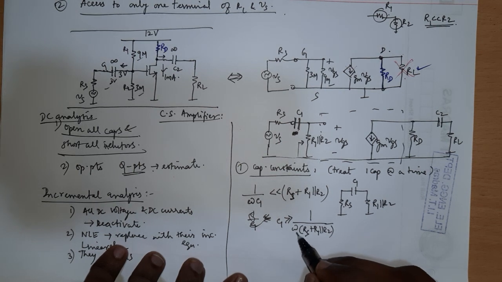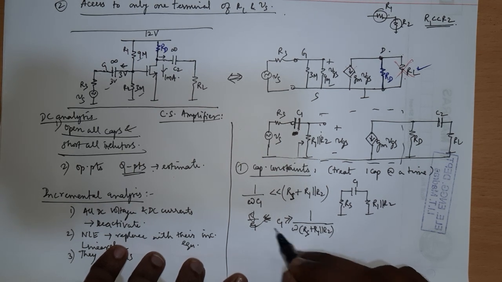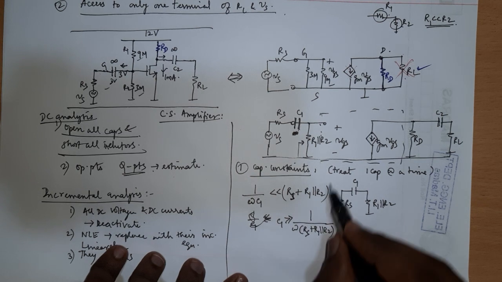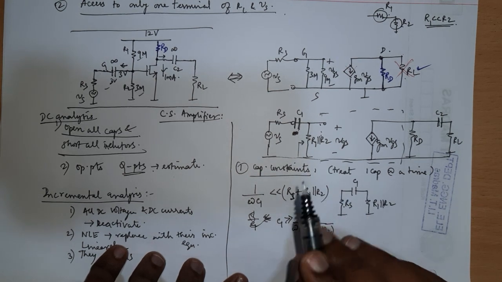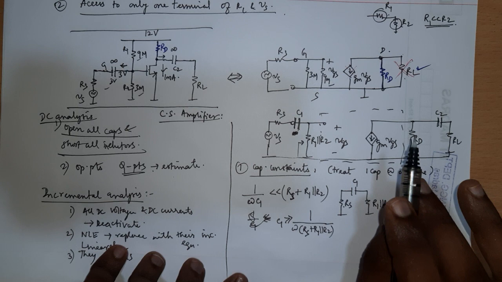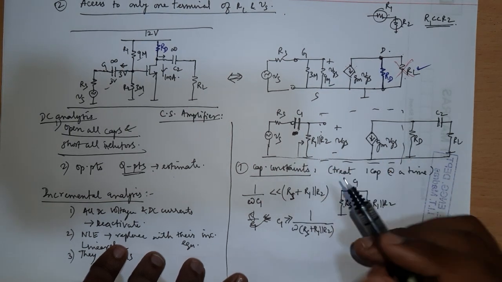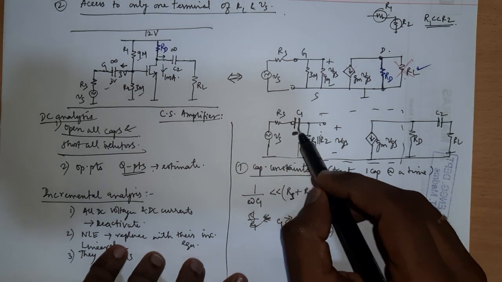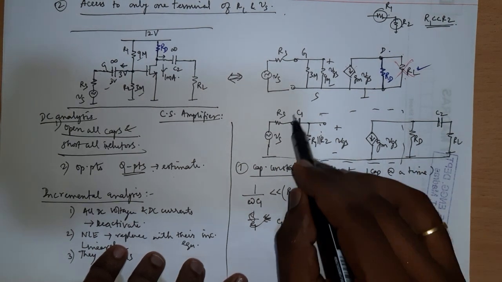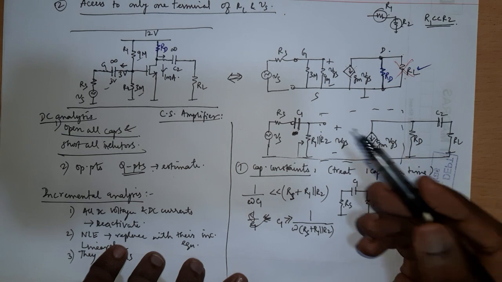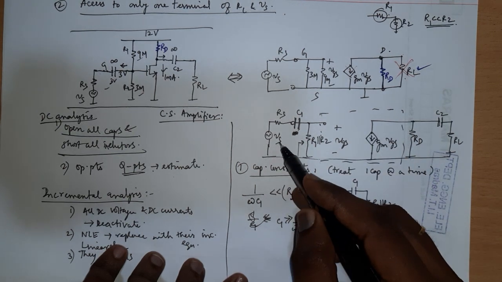At any frequency, if I choose my C1 to be larger than this value, then it will act as an infinite capacitor or short circuit in the incremental picture. Otherwise it will not be a short. If it is not a short, what is the problem? Certainly it will also drop some voltage. If a capacitor is not a short, then it will start blocking this voltage.